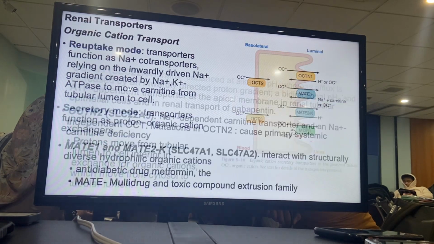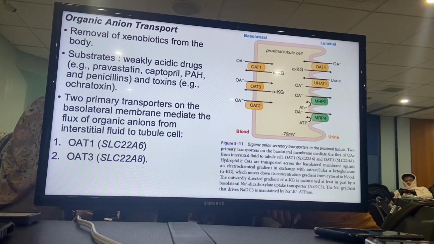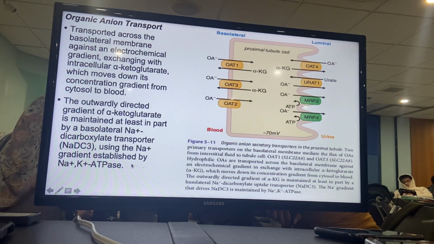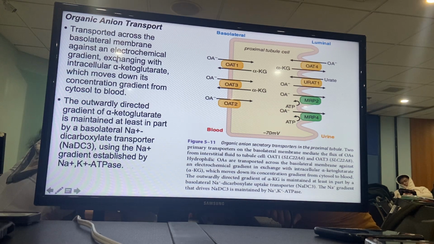So, OCT, and then next is anion transport. OAT is also for removal of your xenobiotics, specifically weakly acidic drugs and other toxins. The primary transporters for OAT are your OAT1, OAT2, OAT3, OAT4. In organic anion transport, unlike your OCT, they transport against electrochemical gradients, and it exchanges what?